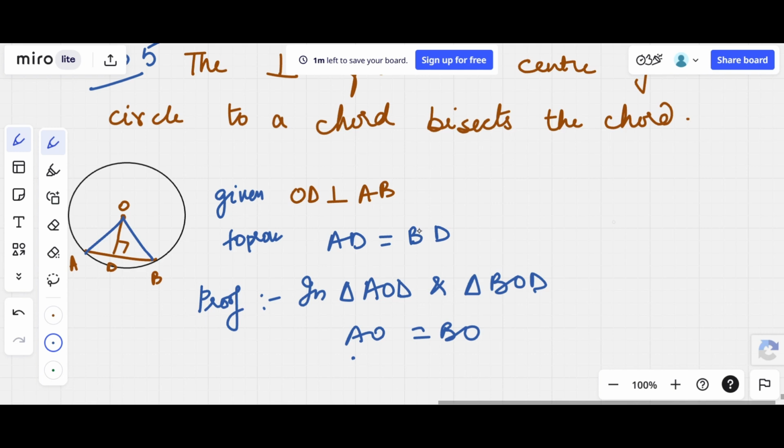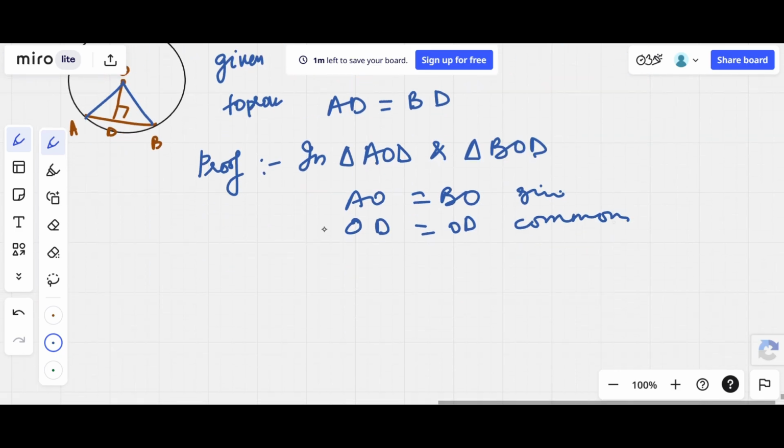No, that's what you have to prove. AO is equal, OD is equal, it's common. What else is given? Angle ADO equal to angle BDO. That is given. Both are 90 degree.